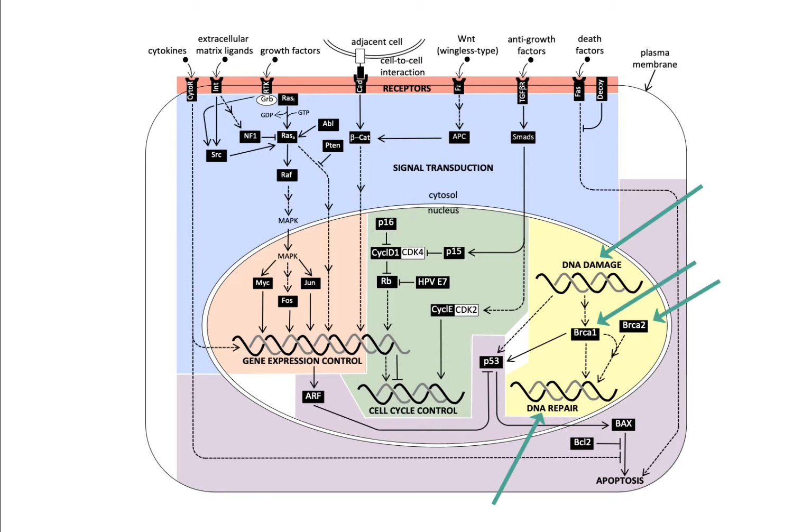And then those often will signal, if there's too much damage, they'll signal apoptosis genes and proteins, including P53, BAX, and some others. And you'll get cell death if there's too much damage. Now, if any of those are mutated in a cell, then it can cause the cell to develop into a tumor and a cancer.